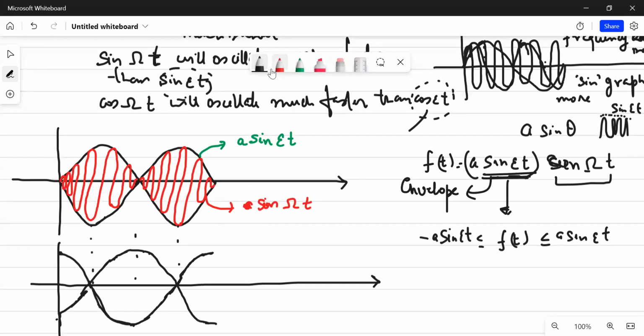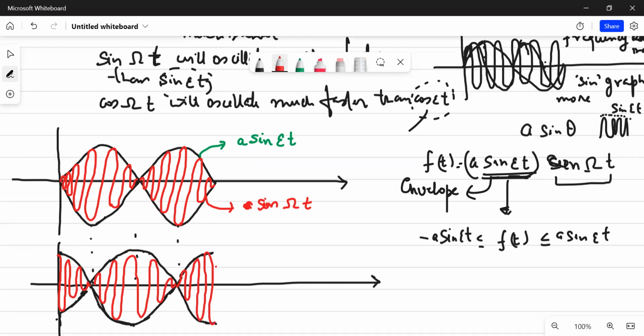Okay, so here your cos will oscillate. Cosine will start from here. This is what it is. Okay, is that clear?